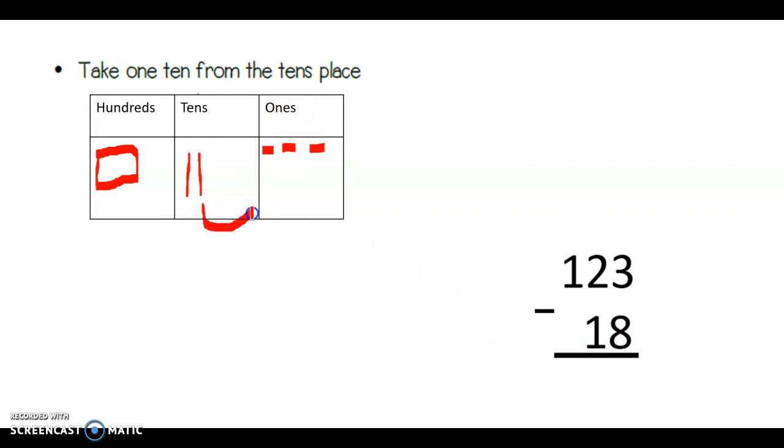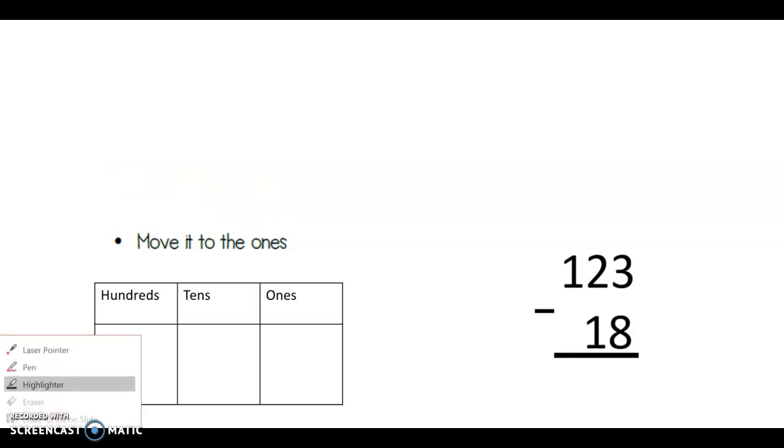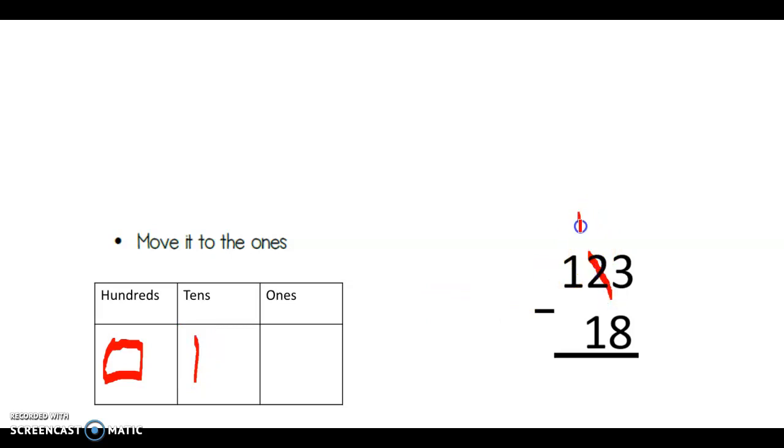So I'm going to borrow a 10 and it is going to move over to the ones place. I will continue to keep my 100 in my hundreds place. Now, I'm keeping a 10 in the tens place.